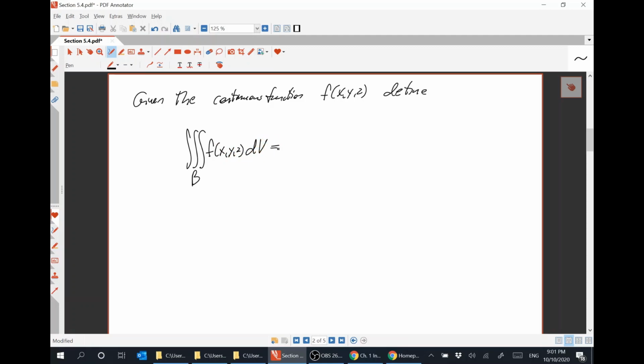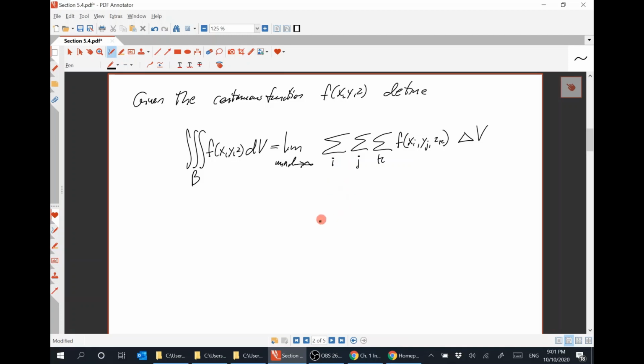Define it in the same way we've been defining it. Okay? How have we been defining these multiple integrals? Well, it's the limit as m, n, l go to infinity. Instead of a double sum, we got a triple sum over i, j, k of f of xi, yj, zk, delta V. Same idea that we did before, right?